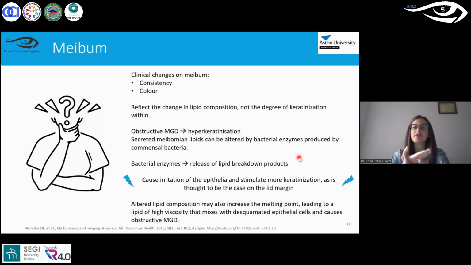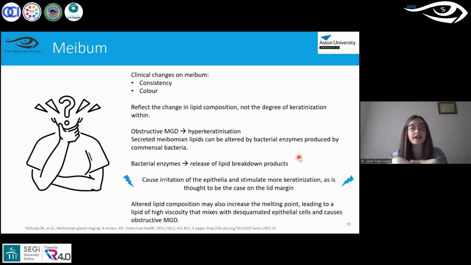And that actually reflects the composition of the lipid, not the amount of keratinized tissue that we have from within. But if we have an obstruction of the gland, most of the time it tends to be because that tissue is keratinized, at least on top or the openings of the glands. And what happens then is that the secreted lipids can then be altered if there's any bacteria on the lid margin.